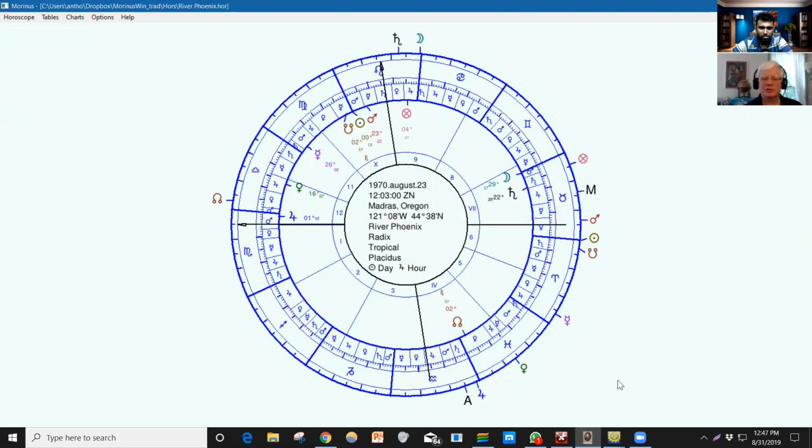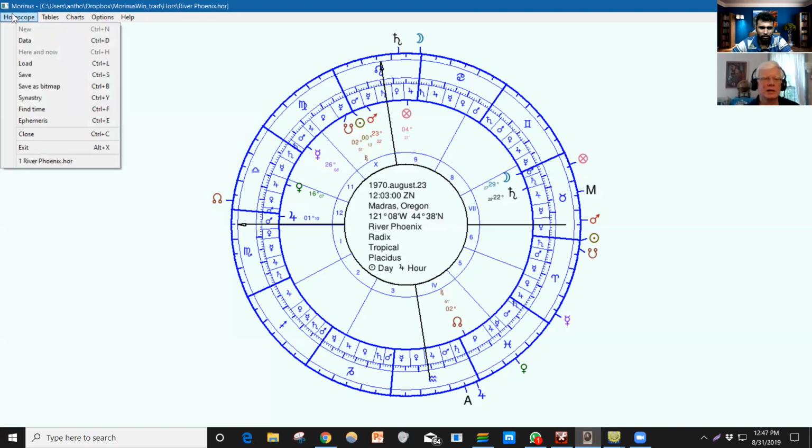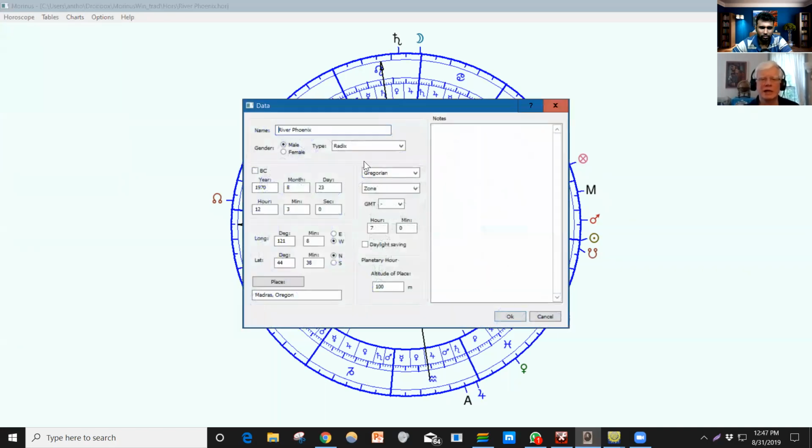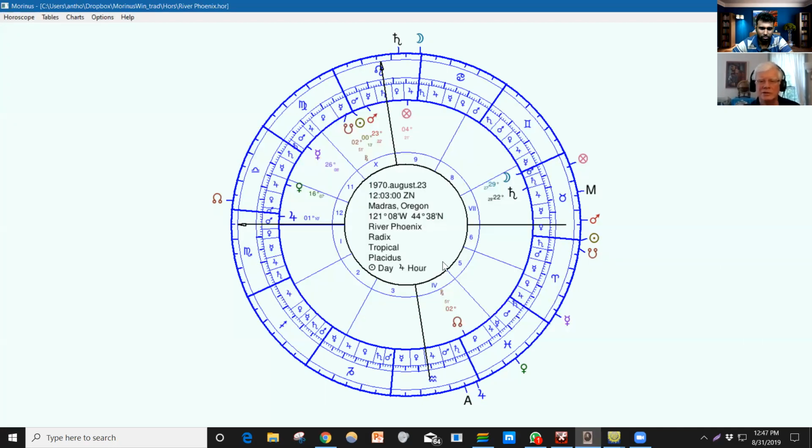For those who don't know the program, you enter your data in this box. River Phoenix, he's a male. He was born this year, this date, this time, 7 hours west of Greenwich. I put in the latitude and longitude of his birthplace. He was born in Madras, Oregon, United States. And here's the chart.